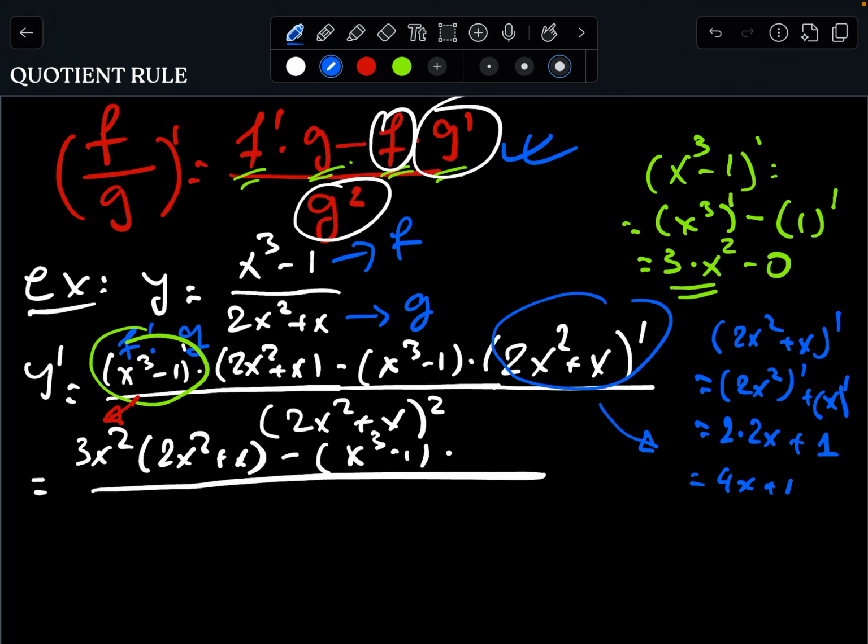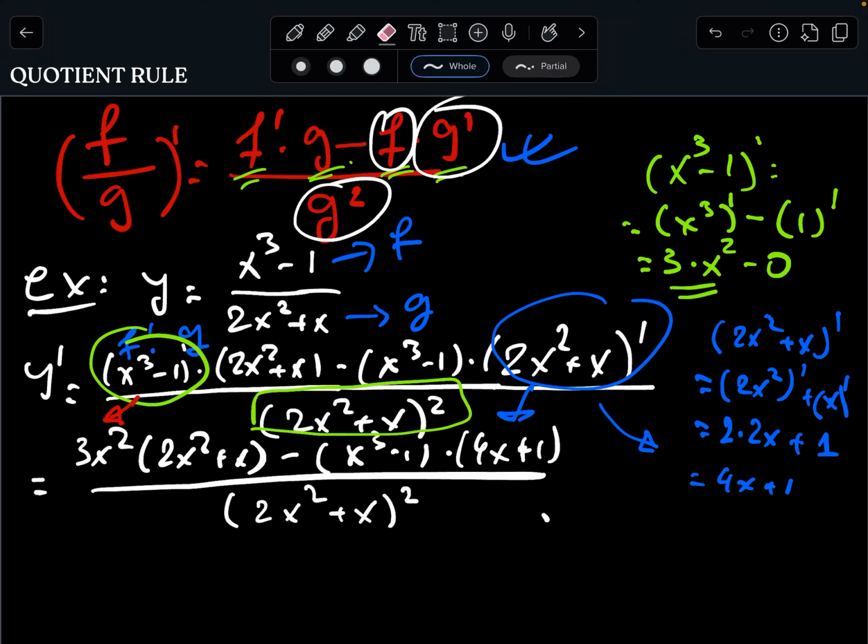So this derivative is just 4x plus 1, and I'm going to copy it here, times 4x plus 1, divided by, as I said, you just copy the denominator as such, which is just the denominator squared. And this is it when it comes down to the quotient rule.